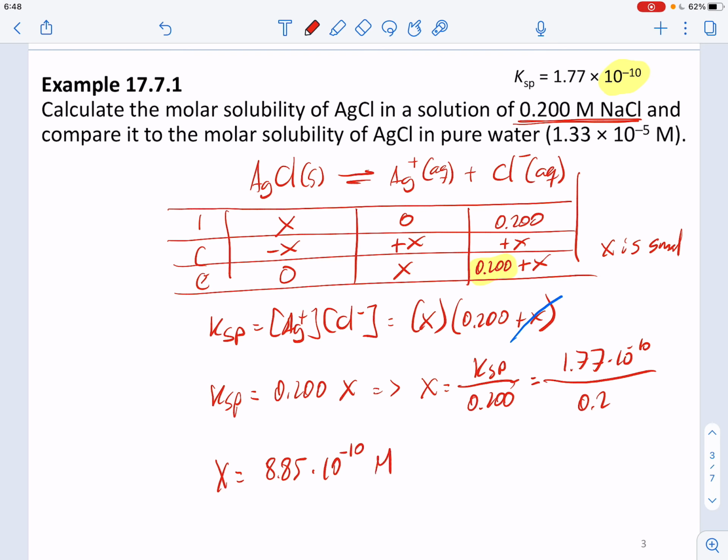Okay, since this is the value, the x is the amount of silver ion that is in solution, and at that point, if this is the amount of silver in solution, this is the solubility, as defined.